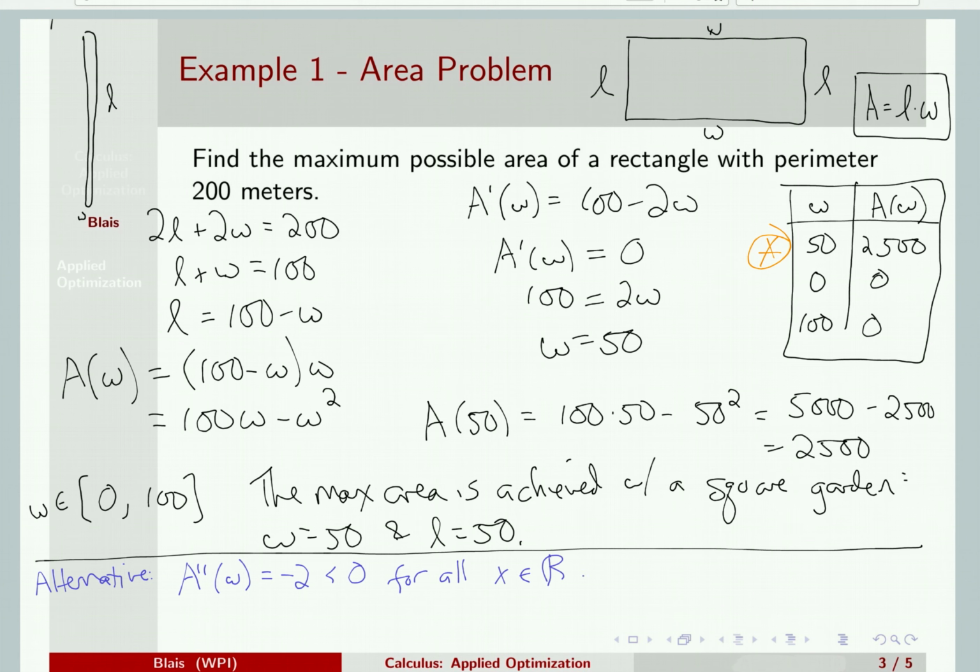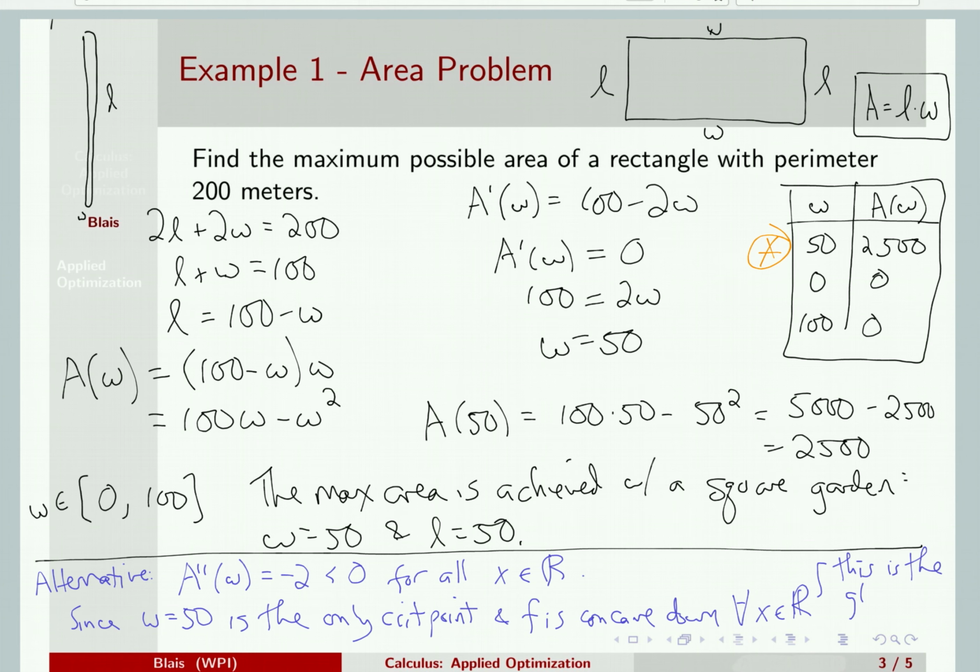And if you remember our second derivative test for global extrema, this means since W equals 50 is the only critical point, and A is concave down for all x in the reals, this is the global maximum.